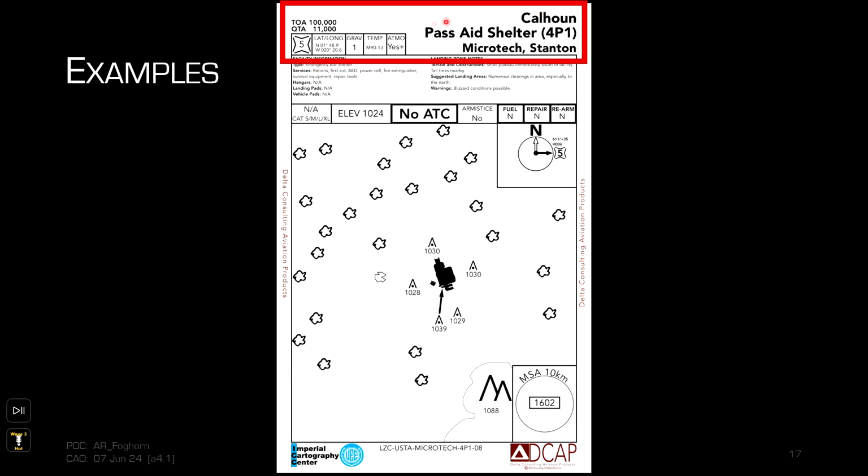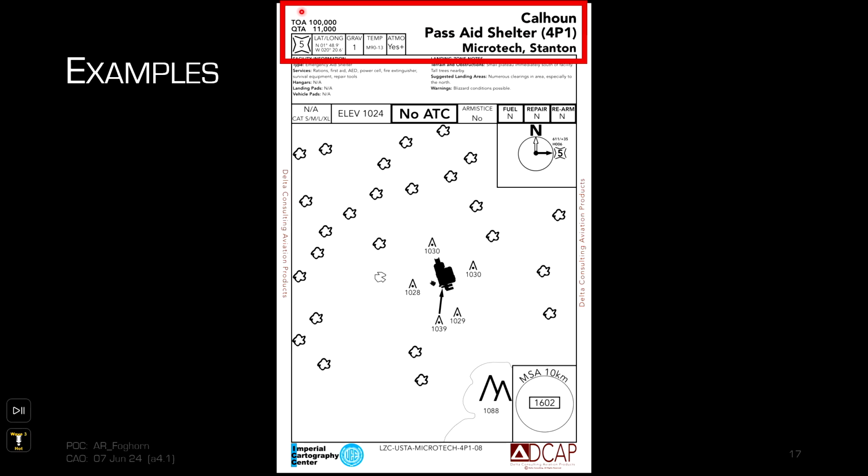You're going to have the common name identifier and the 3-digit aviation code for the location. So Calhoun Pass, Age Shelter, 4 Papa 1, and then of course the common name of what celestial body and system it's set on. In this case, Microtech and Stanton.